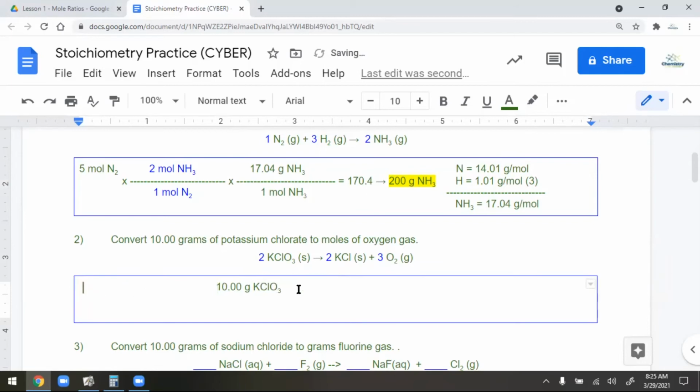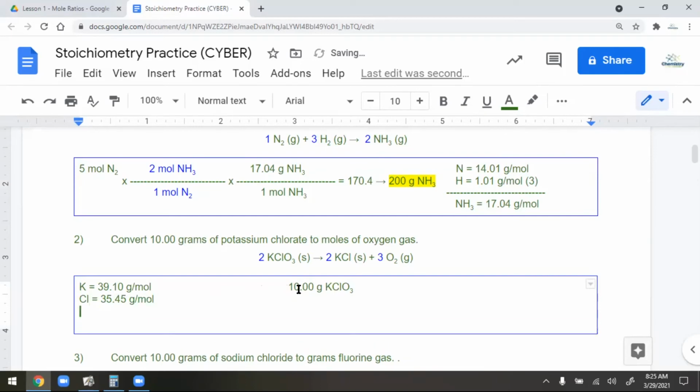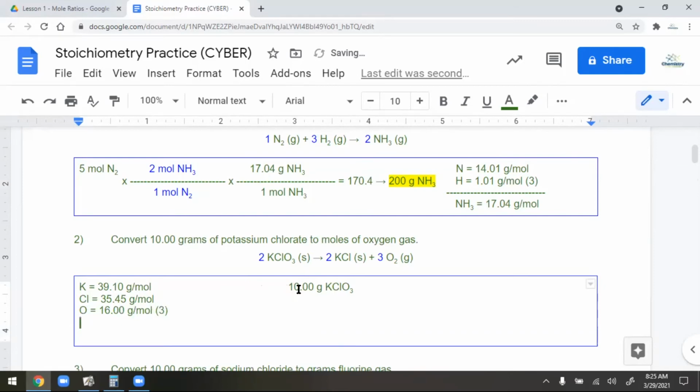So in this case, we have 1 potassium, so that is equal to 39.10 grams per mole. We have 1 chloride, so that is equal to 35.45 grams per mole. And finally, we have 3 oxygens, so 16 grams per mole for each. Then again, we have to multiply that by 3.